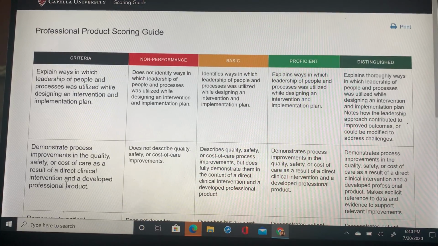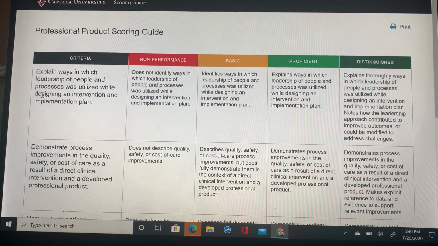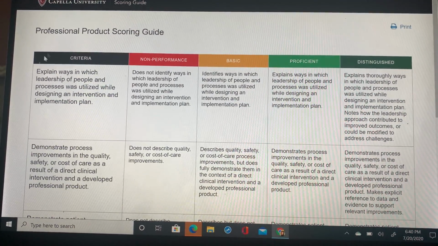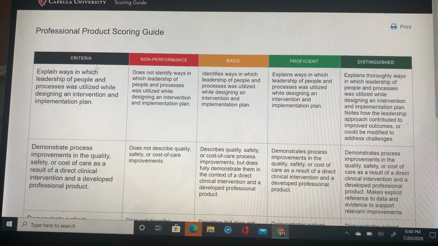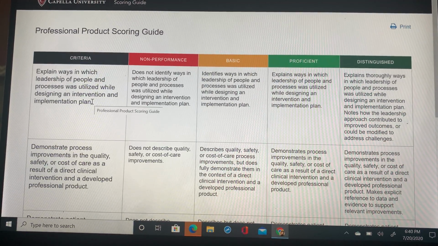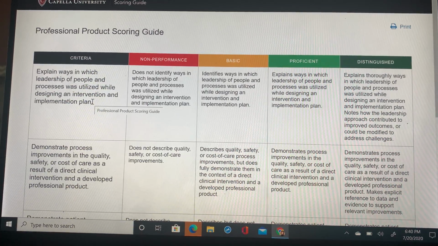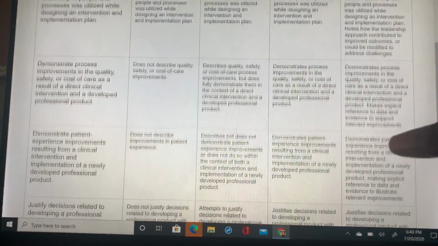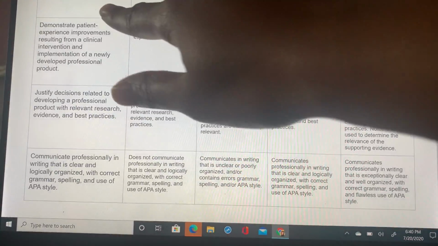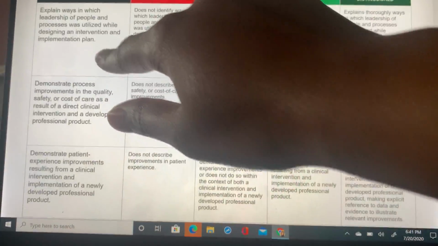So let's go over the scoring guide. Here is the criteria. It's telling you this is what I want you to write about. Remember, I told you this is not your opinion. These papers are not your opinion. It's all research based. So this column is what they expect from you.